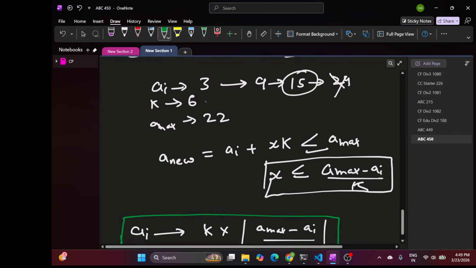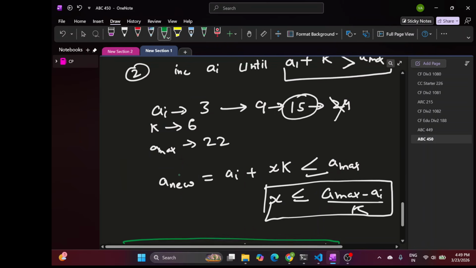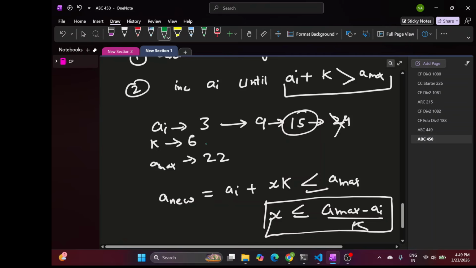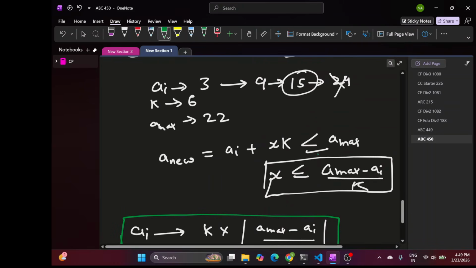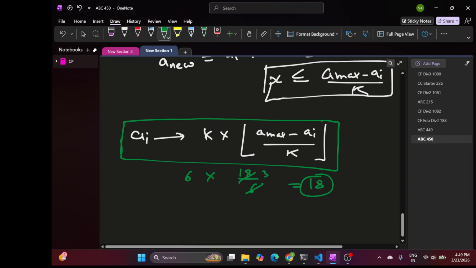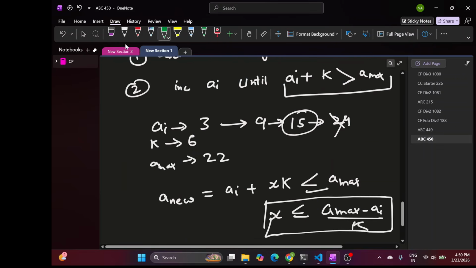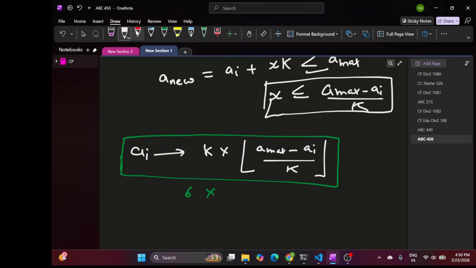And let's try this on this example only, right? So k is 6, A max is 22, minus 3 is 18 upon 6. So we basically get Ai as 18, right? Okay, something went wrong here. 22 minus 3 is not 18. 22 minus 3 is what? It is 19, right?